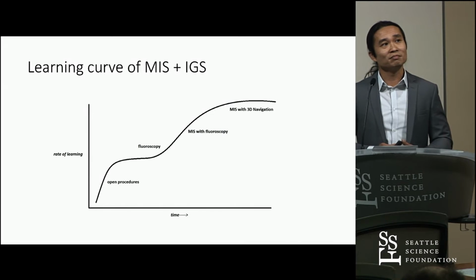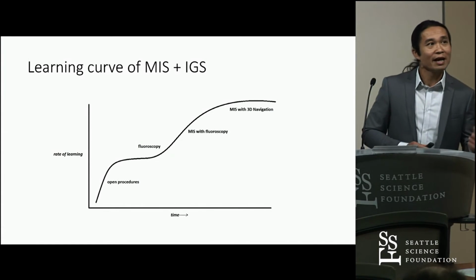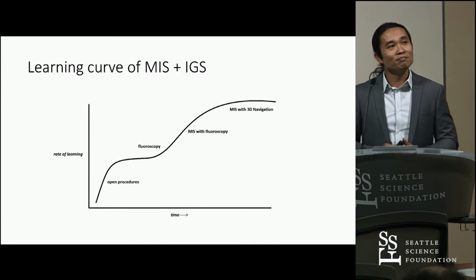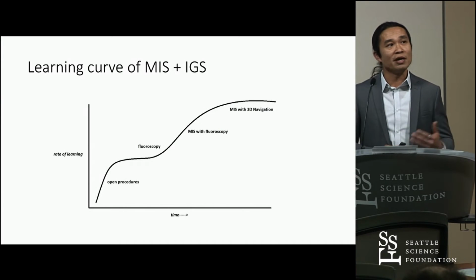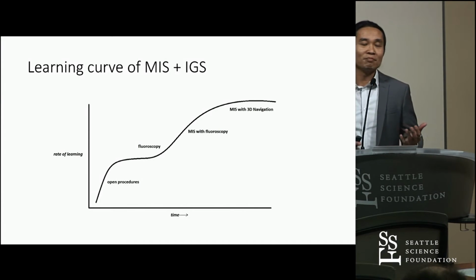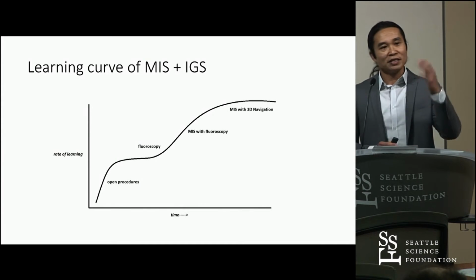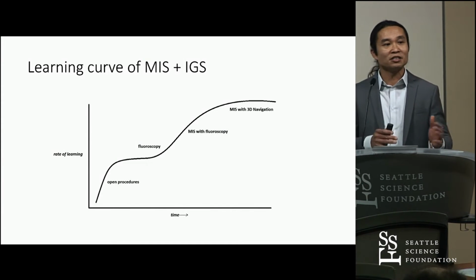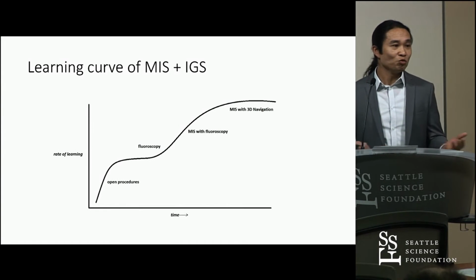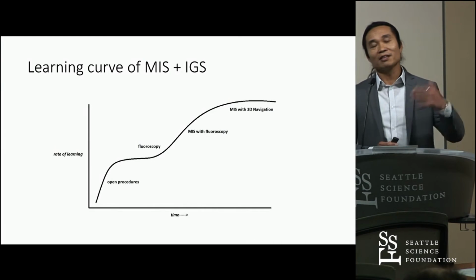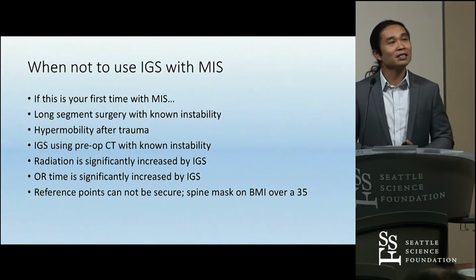The next iteration to open procedures is going to be MIS, whether you're like Dr. Wang at the University of Miami, where he makes a midline incision and does MIS techniques through muscle splitting techniques, or myself, where I use Wiltse approaches. The next iteration might be robotics, and so that's my learning curve.